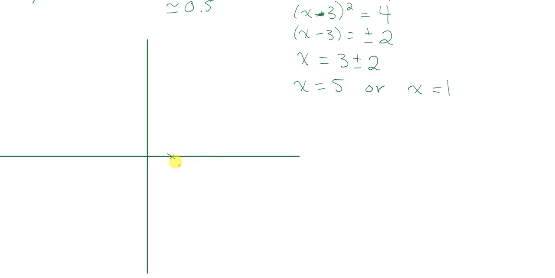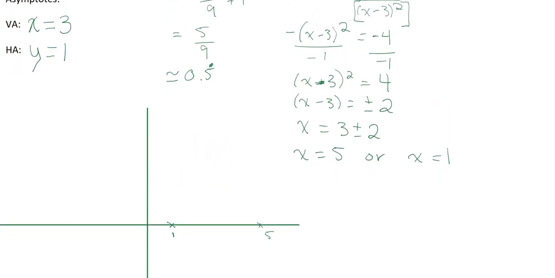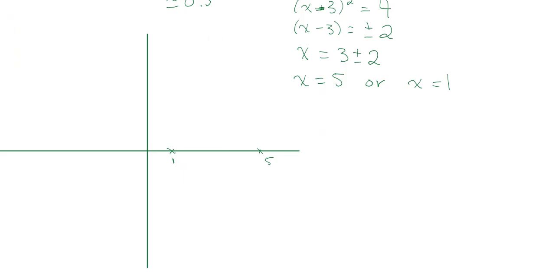There's 1 there, 1 here, let's call that 5. Halfway in between those at x equals 3, remember, we have our vertical asymptote. Alright, now I don't have a dotted line function here, so I'm just going to draw a solid line, but draw yours dotted.